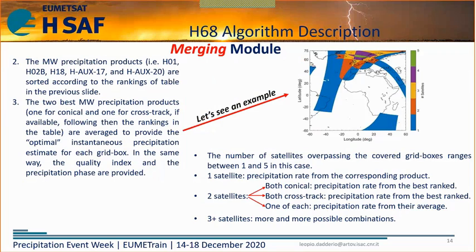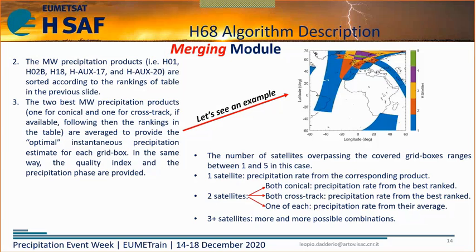And finally, the two best microwave precipitation products, one for the conical, one for the cross-track, of course, if they are available, are averaged to provide what we call the optimal instantaneous precipitation rate for each grid box. And we do the same also for the quality index and for the precipitation rate. But let's see an example to better explain this merging module.